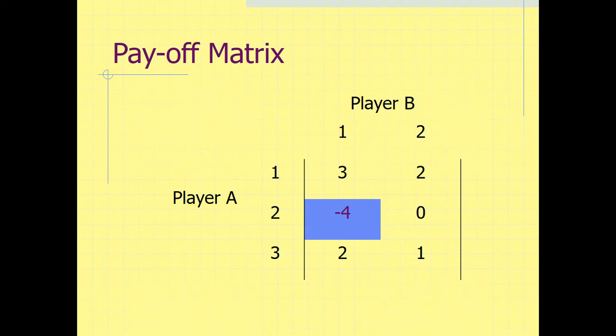Here this payoff matrix has a negative value. This means player A receives an amount of minus 4, that is, player A loses an amount of 4. Note again that player B wins this amount of 4.